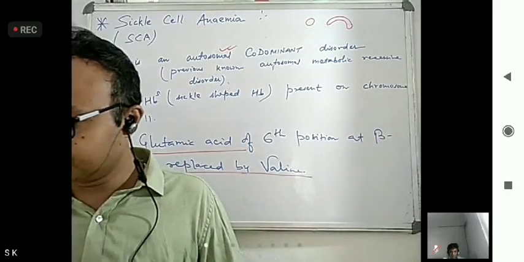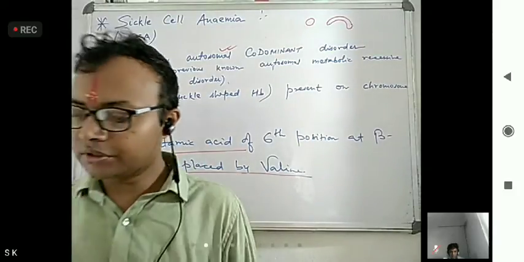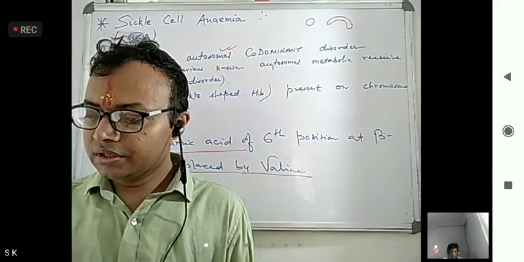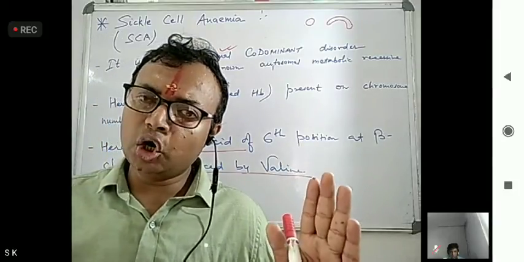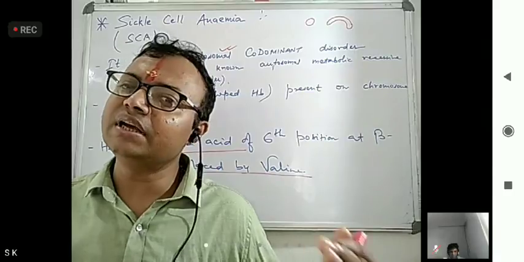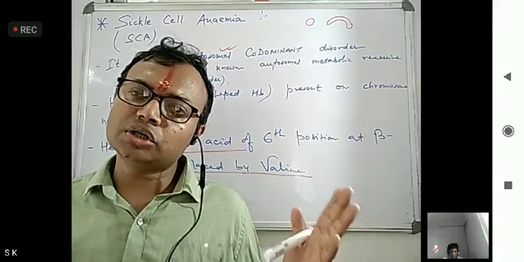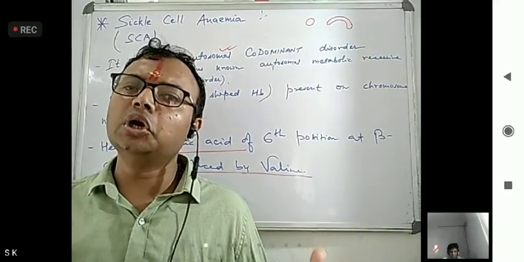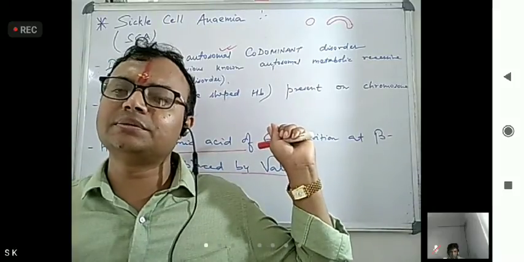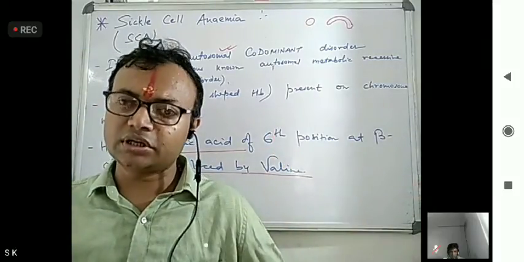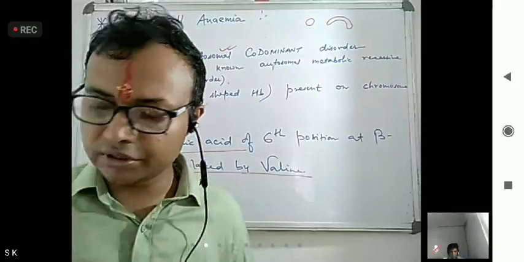Okay, now here what happens if we are seeing, so oxygen deficiency occurs. Why? Because oxygen binding capacity is lost when this sickle shaped hemoglobin is transformed. Okay, so here what happens?